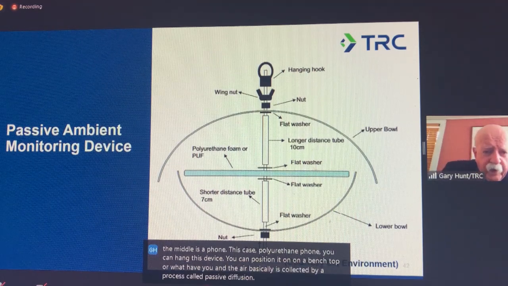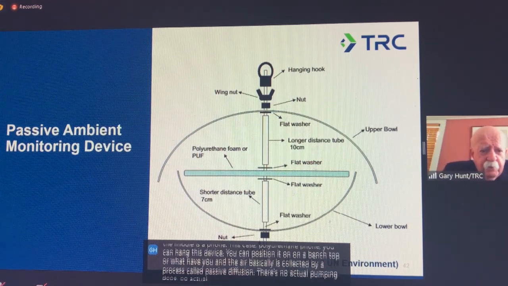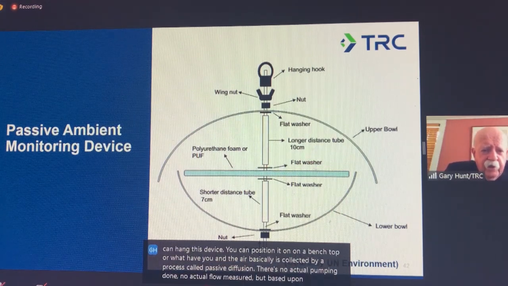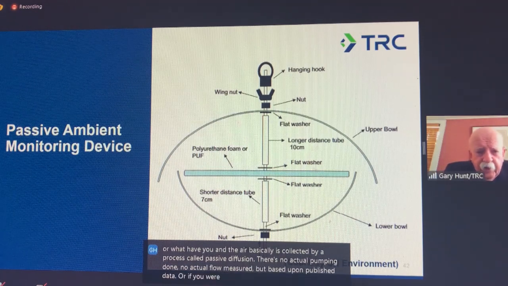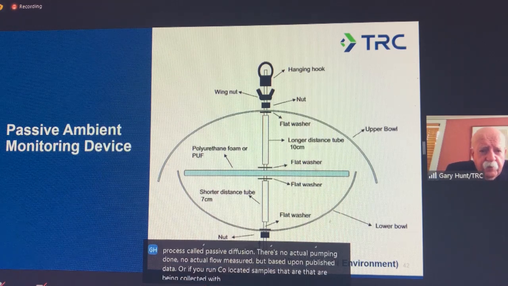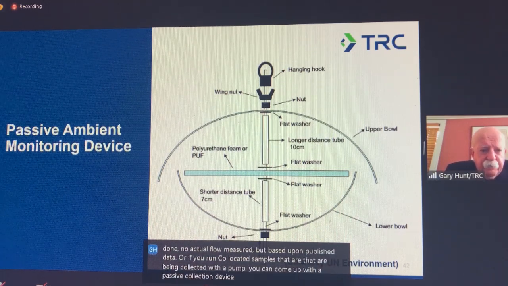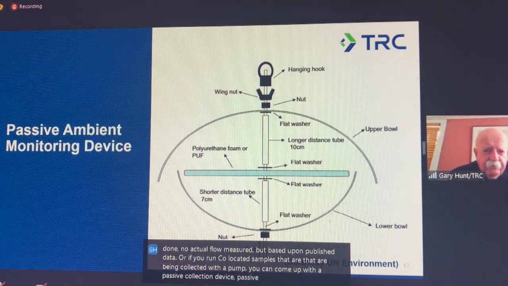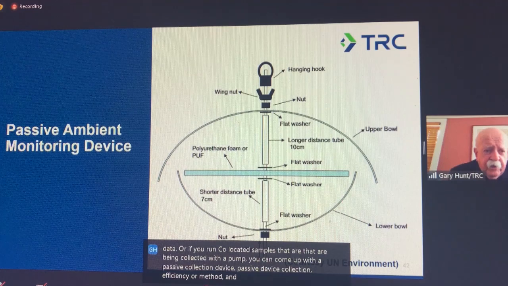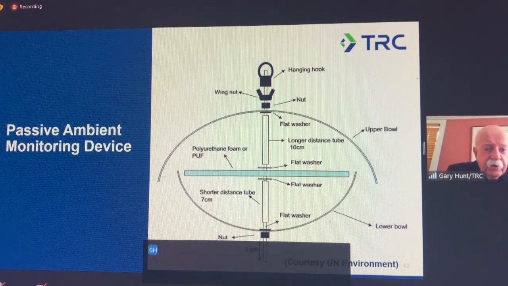There's no actual pumping done, no actual flow measured, but based upon published data, or if you run co-located samples that are being collected with a pump, you can come up with a passive collection device collection efficiency or method. And as a result, you can calculate the concentration of the PFAS in ambient air at the end of the sampling event. Next slide, please.